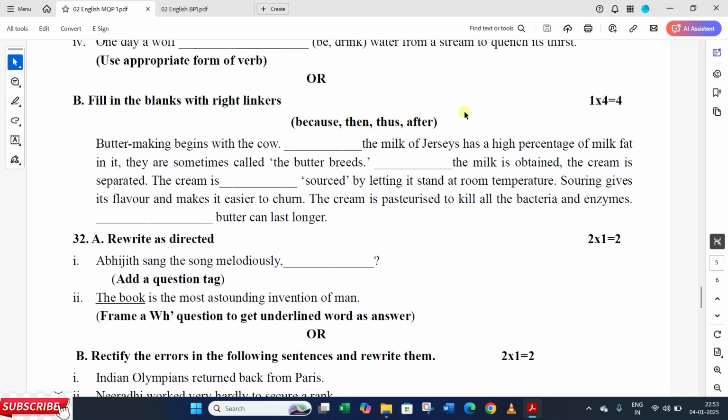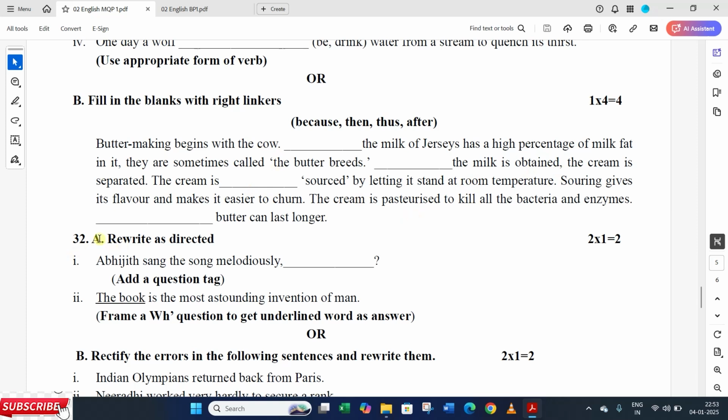The choice is yours whether you want to go with linkers or certain grammatical units. Whatever you feel is easy, you can go with that. I would suggest, if you are very sure about this, go with the linkers, because it is a less time taking activity and you can save your time here. So linkers.